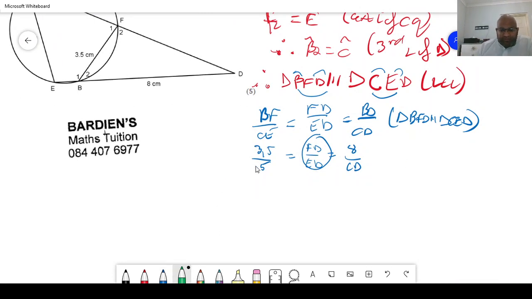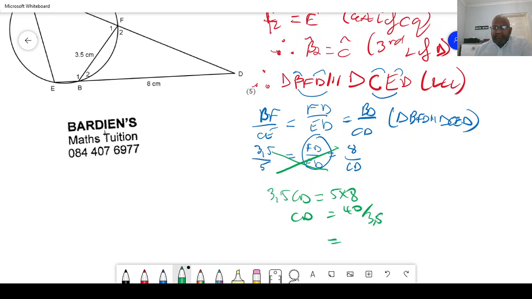So what we do now is we cross multiply. So it's going to be 3.5 CD is equal to 5 times 8, which is 40. So CD is equal to 40 over 3.5. Put that in our calculator.